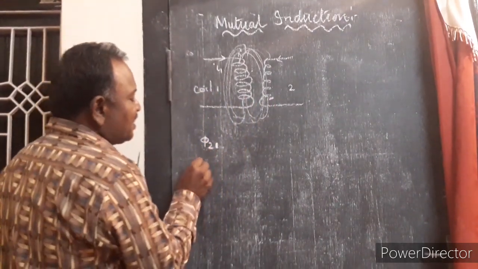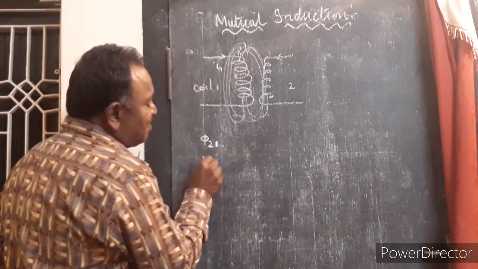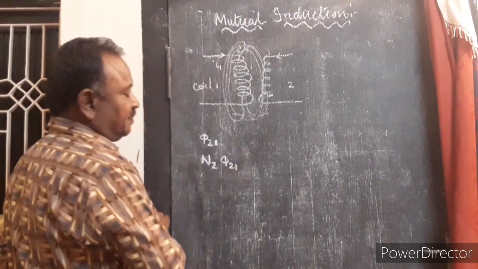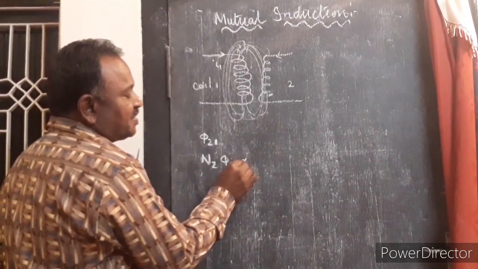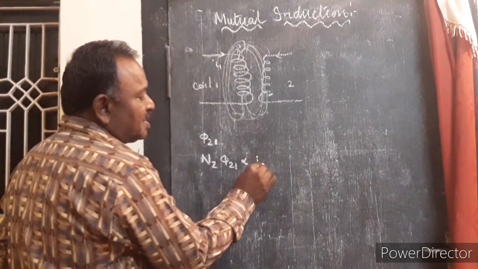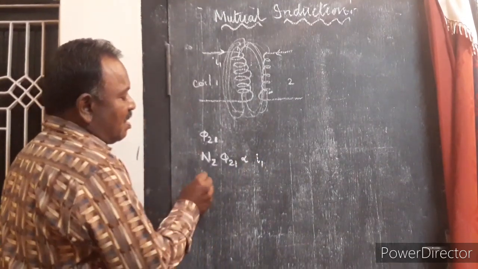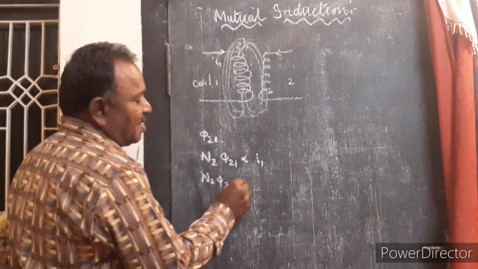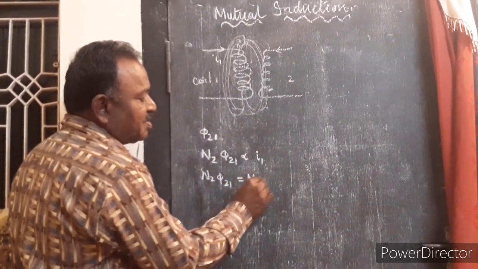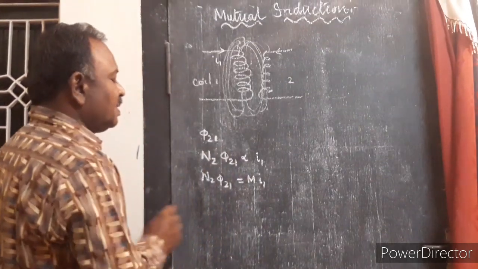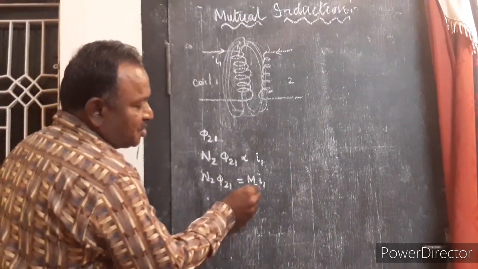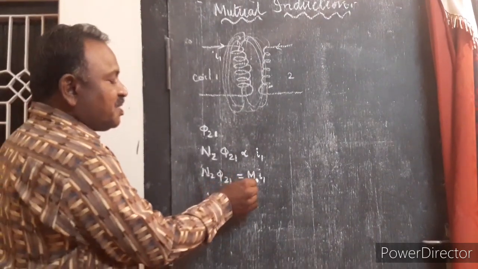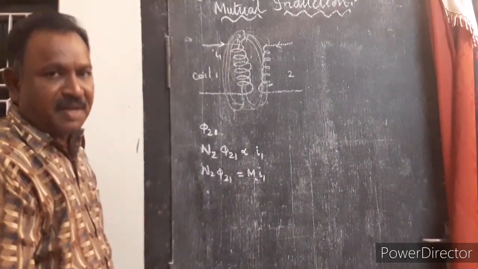The flux linkage is given by N2 into phi 21. This flux linkage is directly proportional to I1, or N2 phi 21 is equal to M into I1.